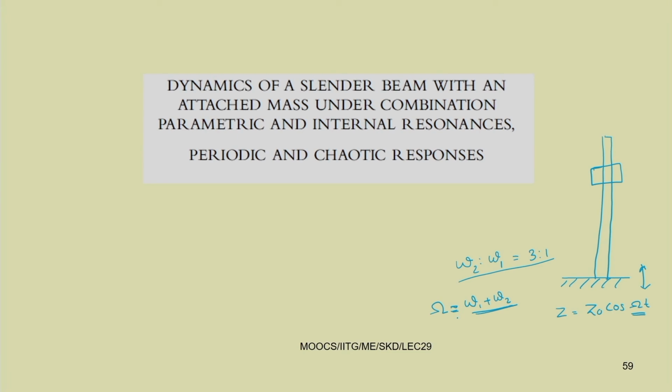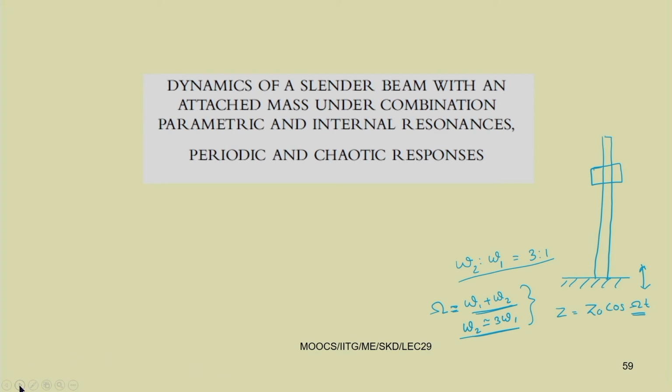So, we can use a detuning parameter to consider the nearness of this external frequency to omega 1 plus omega 2. In addition, we have taken omega 2 nearly equal to 3 times omega 1. Here also we will take one detuning parameter to see the nearness of omega 2 to 3 times omega 1.